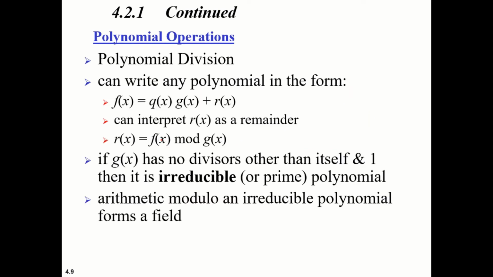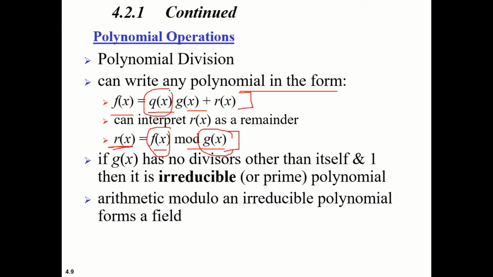Now comes the division. So we can write any polynomial in the form f(x) = q(x)g(x) + r(x), that is the same expression we have used in integer division. Okay, so this remainder can be written as f(x) mod g(x). Okay, so this is the divisor and this is the dividend.